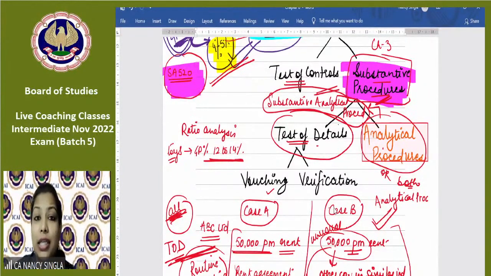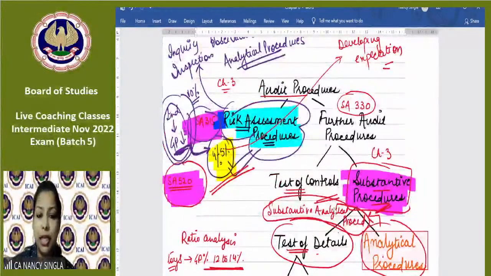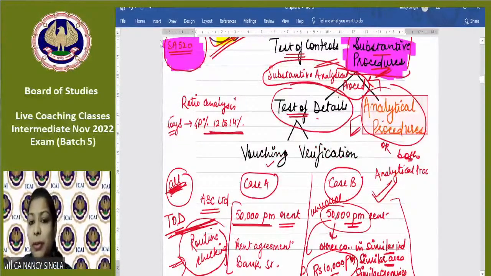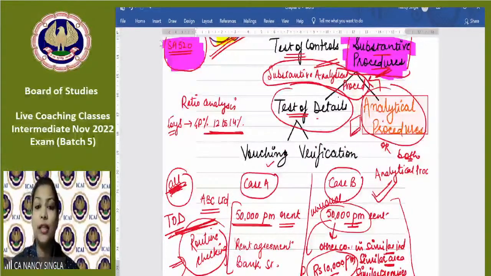Now, when the auditor is drawing an overall conclusion about the financial statement, last में जब conclude कर रहा है auditor, देखो यहाँ पे एक develop किया ना expectation कि 4 to 5% should be the client's GP ratio. यहाँ पे auditor will actually calculate it when he's performing as a substantive procedure, and at the end when the auditor is drawing an overall conclusion, he will see whether his expectation of 4 to 5% and whatever is actually shown in the financial statement, whether they are matching or not, he'll draw an overall conclusion, and there again the auditor is performing what?